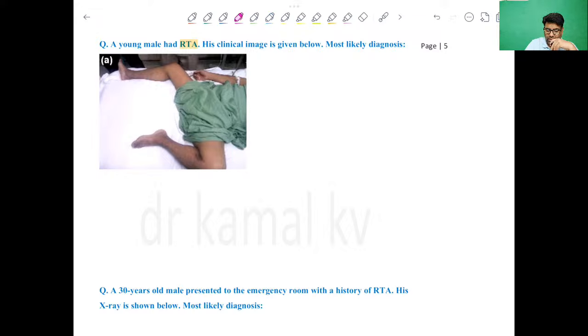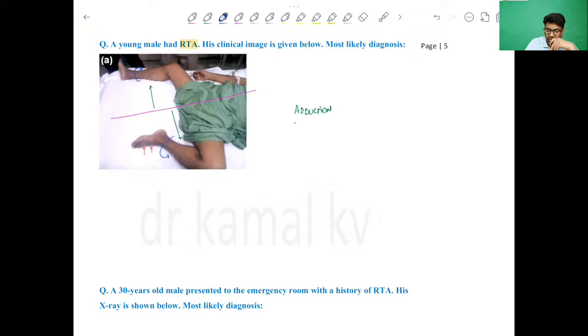Now to understand this, you should draw a line from the middle, or you can say a midline. So what we can see on both sides, the lower limbs are abducted, right? So one of the deformities is abduction. Clear? And then secondly, we can see that there is external rotation of both the lower limbs, and that is evident by the fact that the lateral border of the foot is touching the couch.